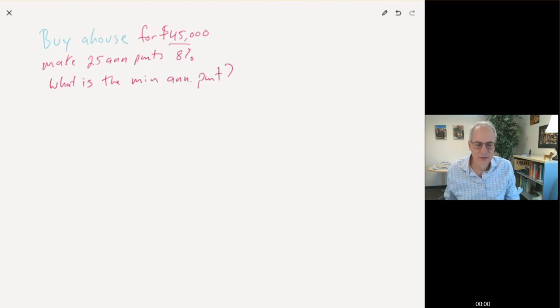And what I'm asking is, how much would you at least have to give the bank so that at the end of the 25 years, you would not owe more than $45,000? You would still owe $45,000, but you wouldn't owe any more. There's an easier way of asking the question, but I just want you for the moment to think about it this way. How much would you at least have to give the bank? So you can pause me, try to do it, use your calculator, come up with a number.